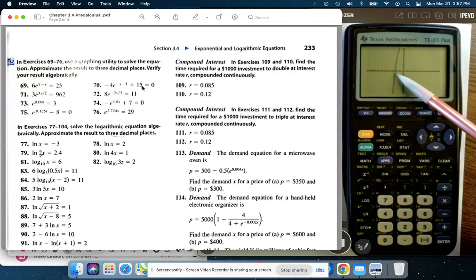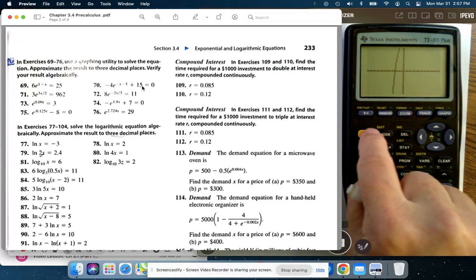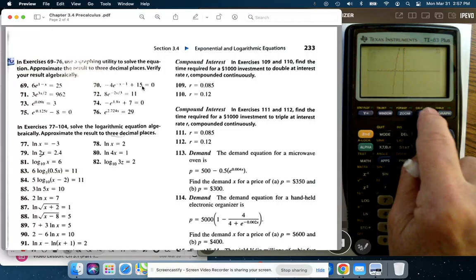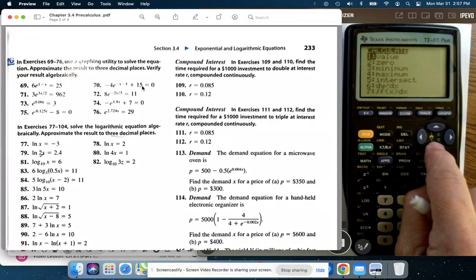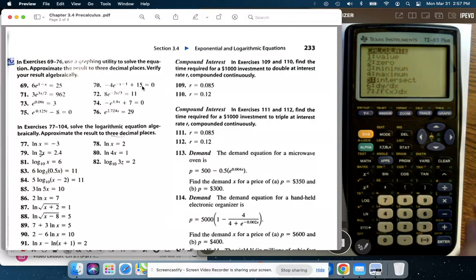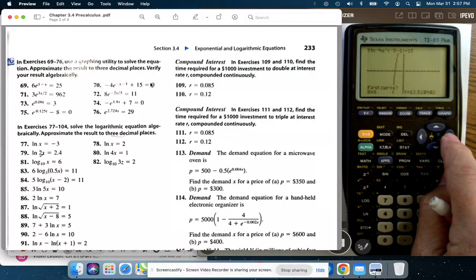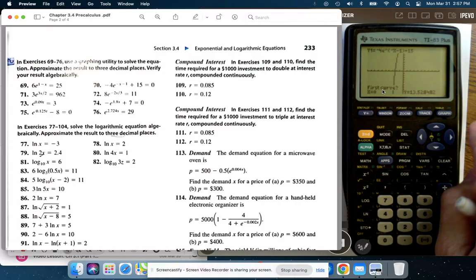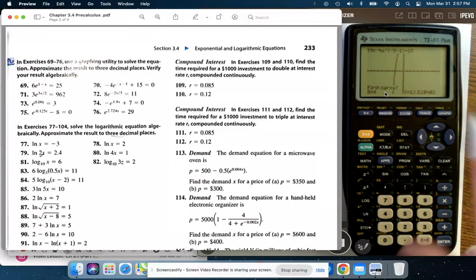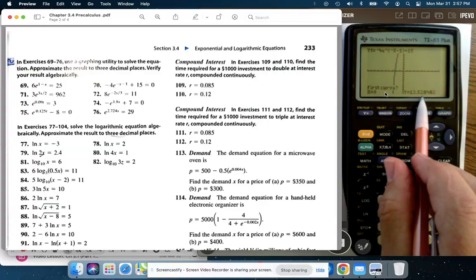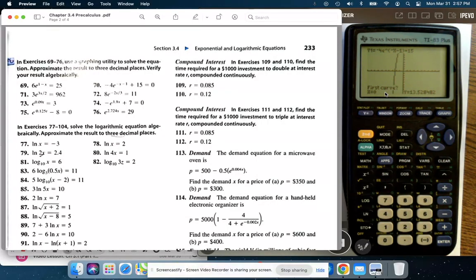It looks like -2.5, I'd guess, but I'll go to second trace. Since I put in both equations, I could use the intersect function. It's telling me that I'm on the first curve right now, and that's the y-intercept, 13.52. But I'll hit enter, second curve, enter, guess, enter. There it is. -2.322.